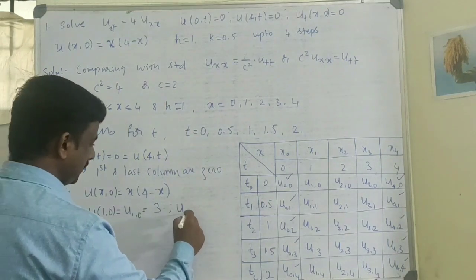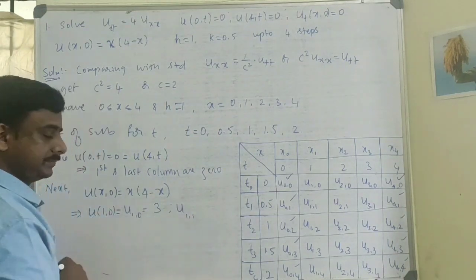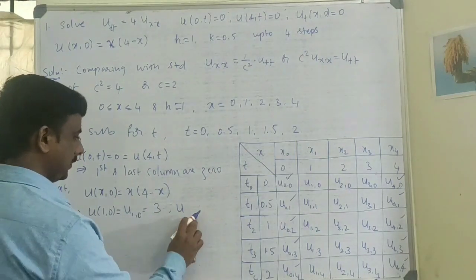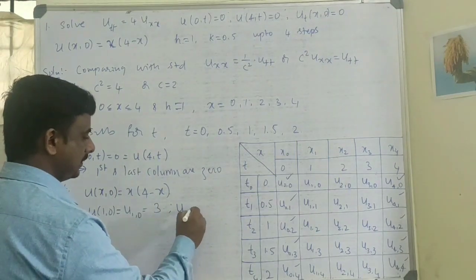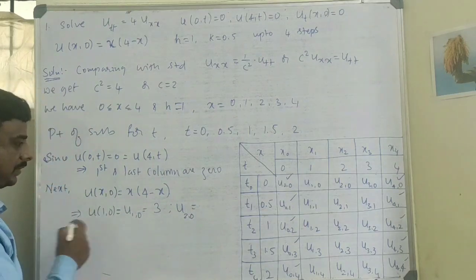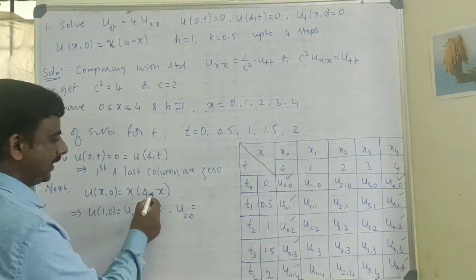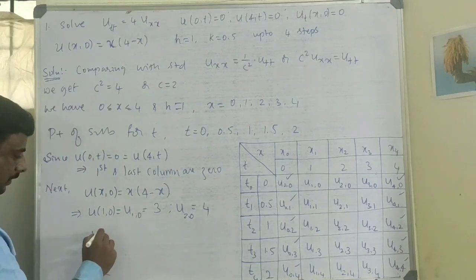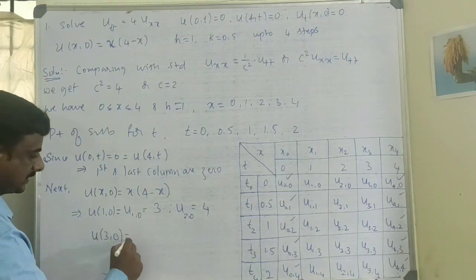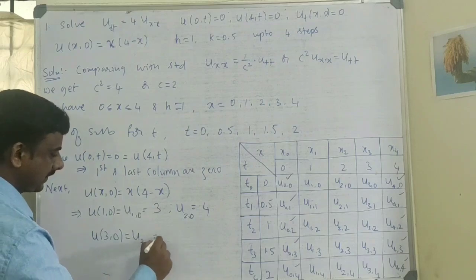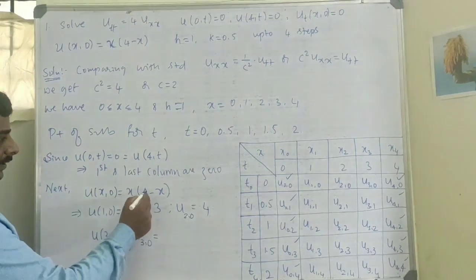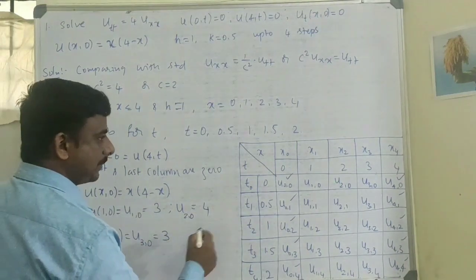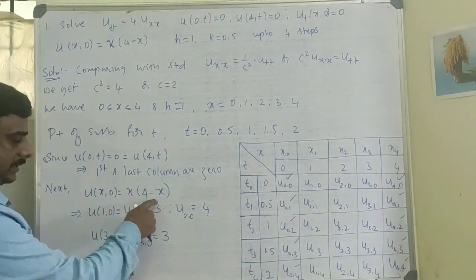Next, u2,0, taking x equal to 2, is 2 into 2, which is 4. And u3,0 is 3 into 1, that is again 3. u4,0 we have already computed, that is 0.